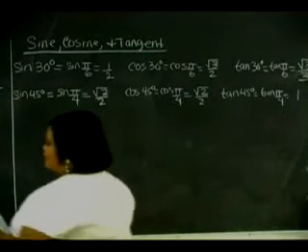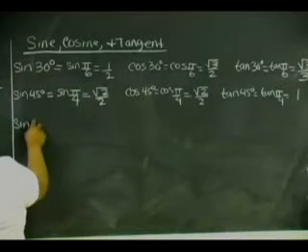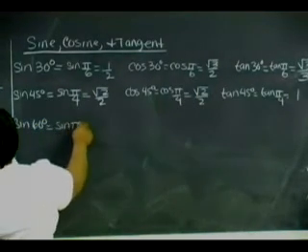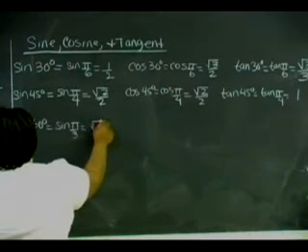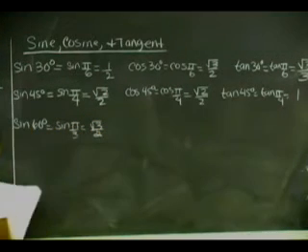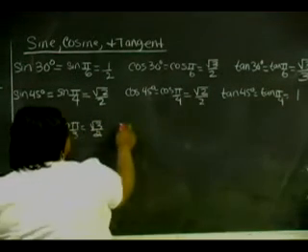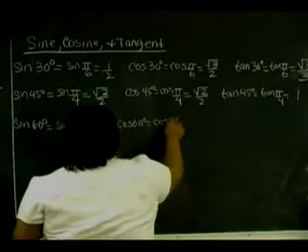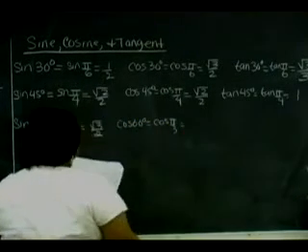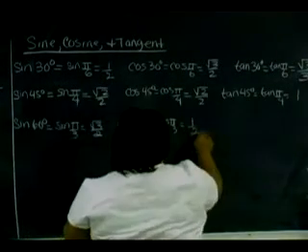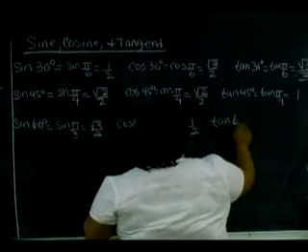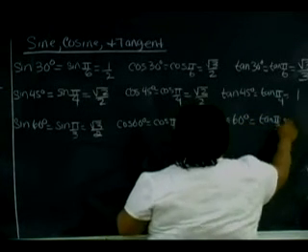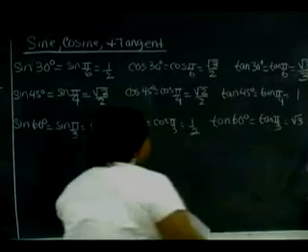And let's look at 60 degrees. Sine 60 degrees. 60 degrees is the same as pi over 3. It's defined to be the square root of 3 over 2. Cosine 60 degrees, also cosine pi over 3, is defined to be 1/2. And tangent 60 degrees, which is also tangent pi over 3, is defined to be the square root of 3.